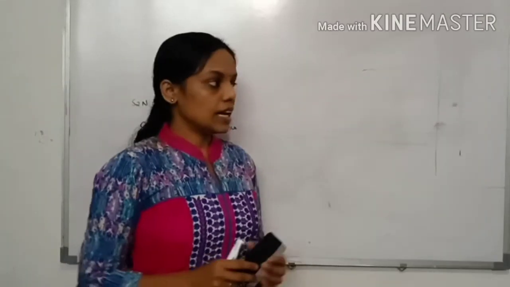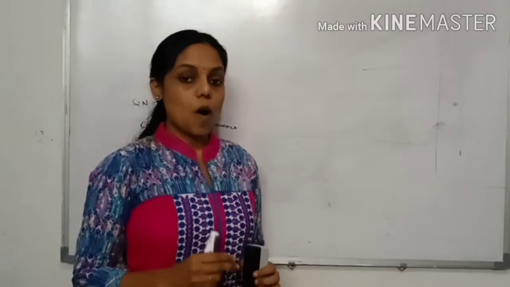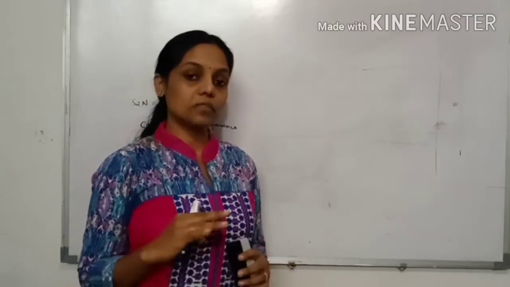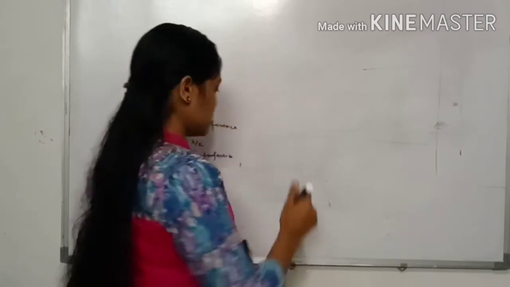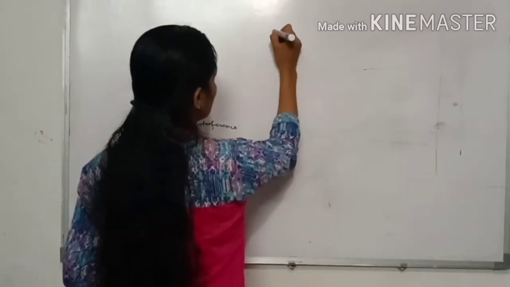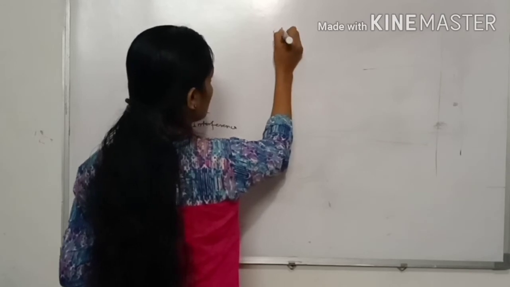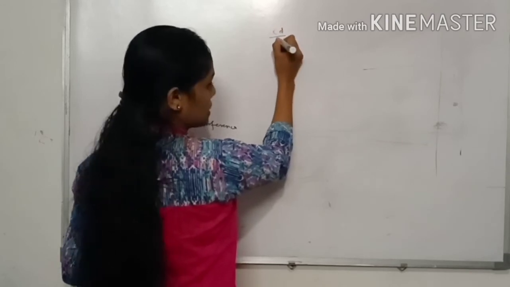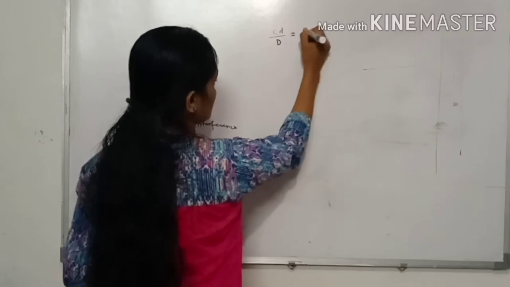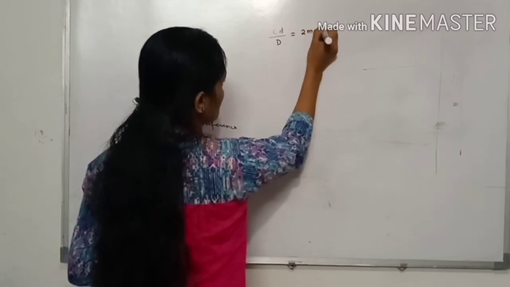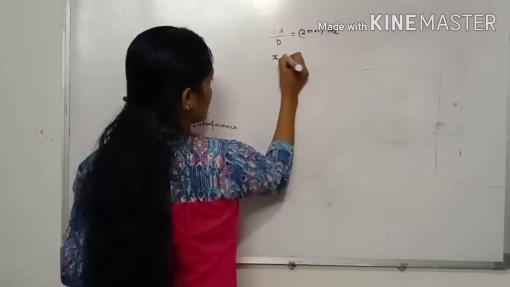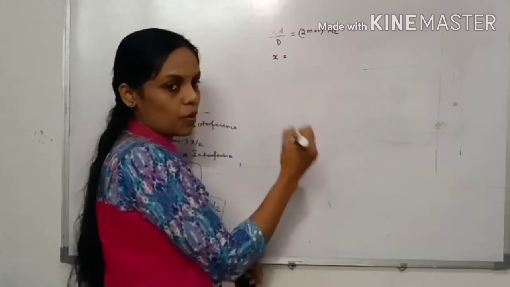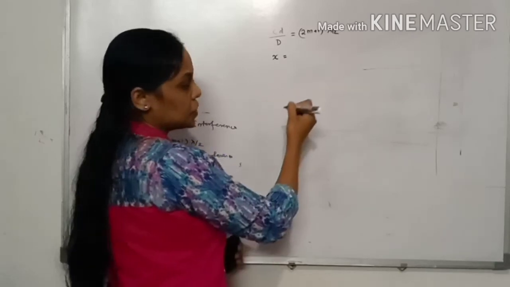So let us check what are the positions where we get destructive interference or darkness. We will have the condition for dark fringe or destructive interference: xd by D is equal to 2m plus 1 lambda by 2. Here x is the distance from the point O to the arbitrary point.